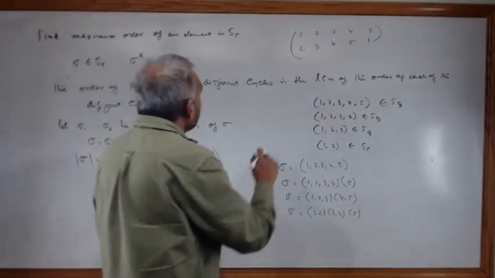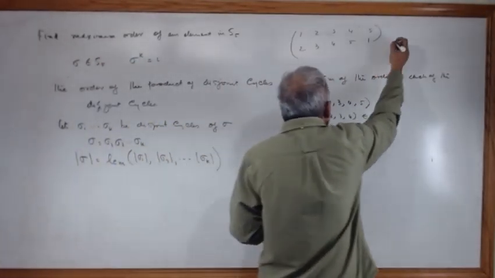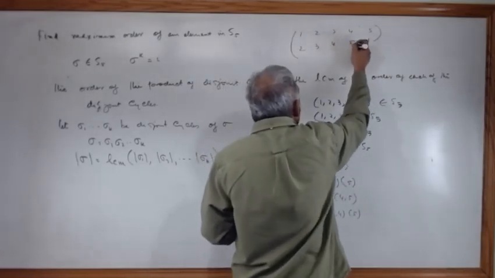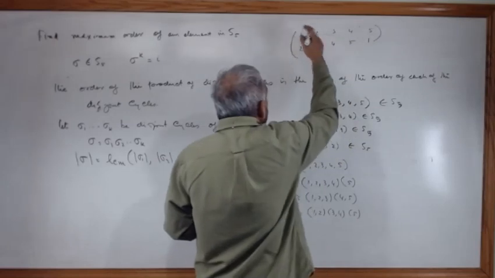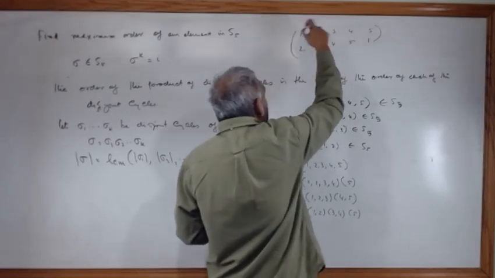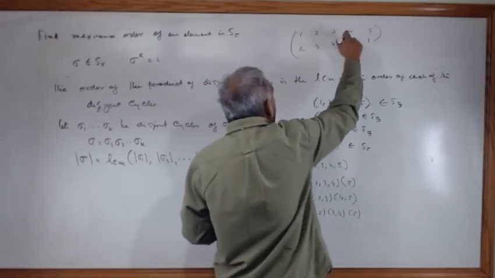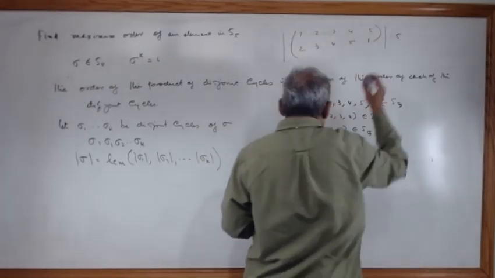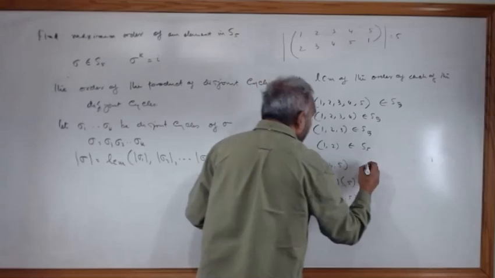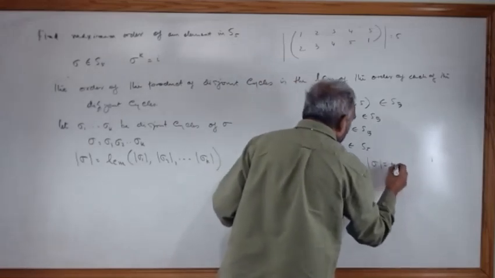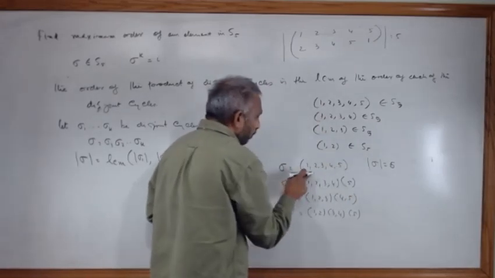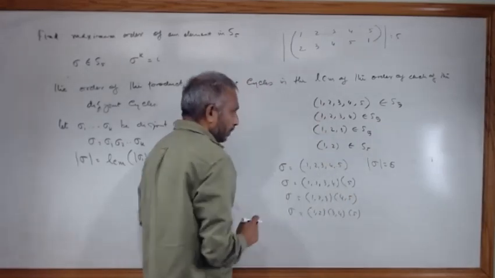So next time 1 goes to 3, then 1 goes to 4, then 1 goes to 5. So the order of this will be 5. The order of sigma will be 5. There is only one cycle here, so there is no need for an LCM.